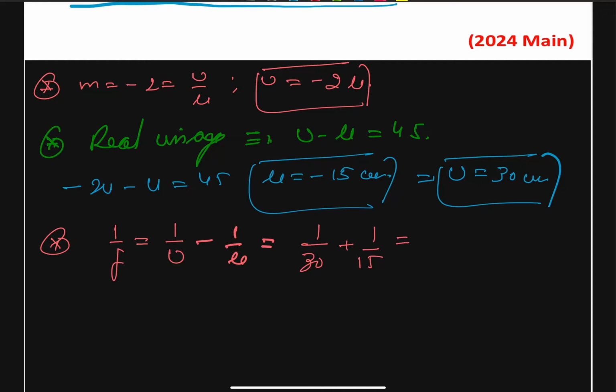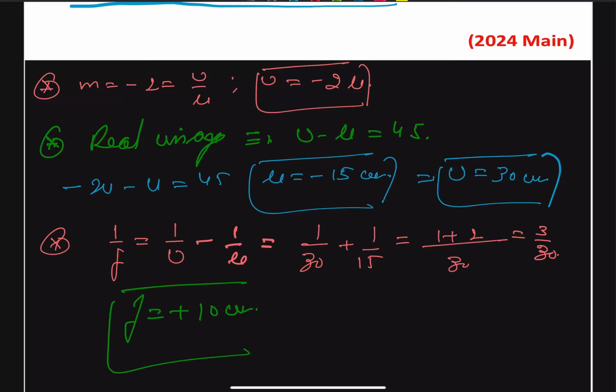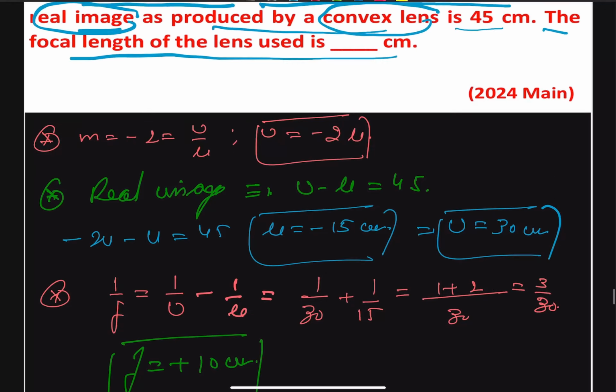So our LCM is 30, so this becomes 1 plus 2, that is equal to 3 by 30, giving us that the focal length F will be equal to plus 10 centimeter. Next question.